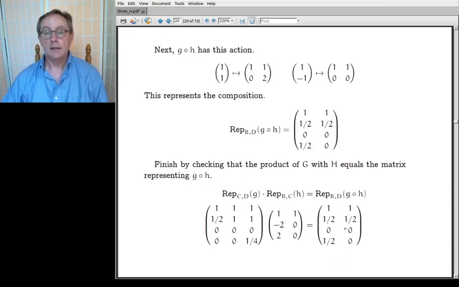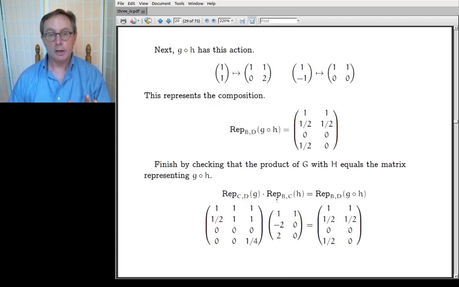So said again here, I know being repetitious, but nonetheless, it's a big point. The representation of the composition is the matrix product, don't forget to get the right order, of the representation of the individual maps. And that's the reason for the definition of matrix product.